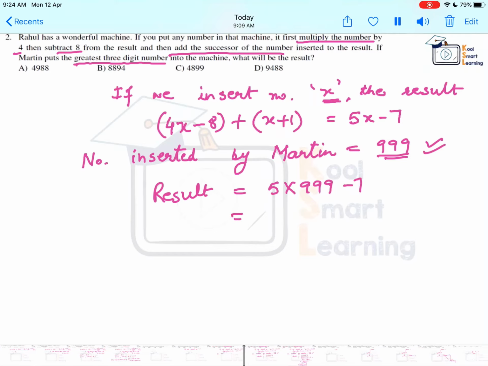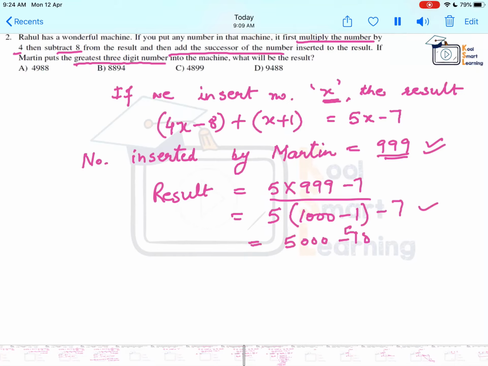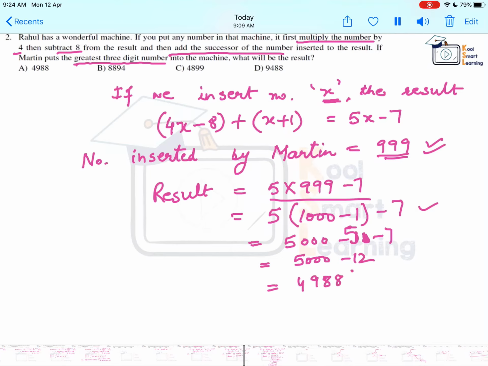I'll just explain to you a simpler and quicker way of calculating this. Instead of multiplying 5 with 999, which is going to take some time, we can write 999 as 1000 minus 1, and we can put this as this. So this is now clearly 5000 minus 5 minus 7, which is 5000 minus 12, and that is 4988.